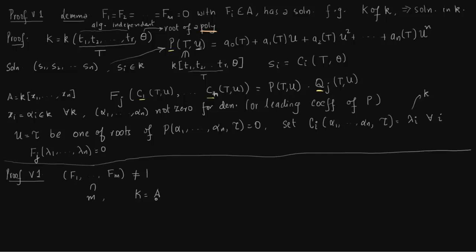So this is A over M, where A is again k[x1 to xn] modulo m, and you take each xi in A and map it to its image Si. This Si is precisely the Si we had in the proof above.